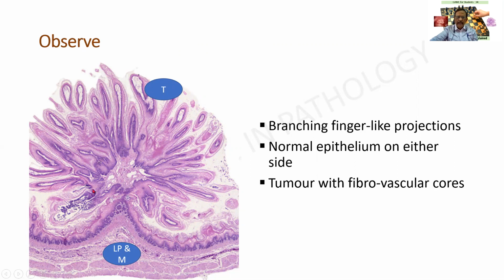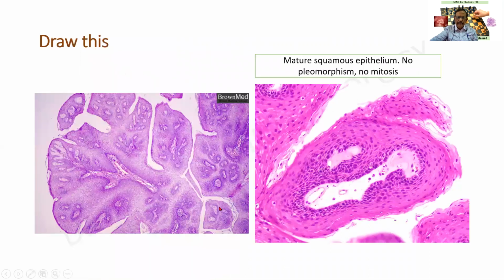And within the tumor, I am able to see fibrovascular core, which I will be showing you in the next slide. Good. So this I would like you people to draw. I am seeing a branching fibrovascular core, and that is being covered by the stratified squamous epithelium layered tumor. The tumor is composed of blunt finger-like projections.